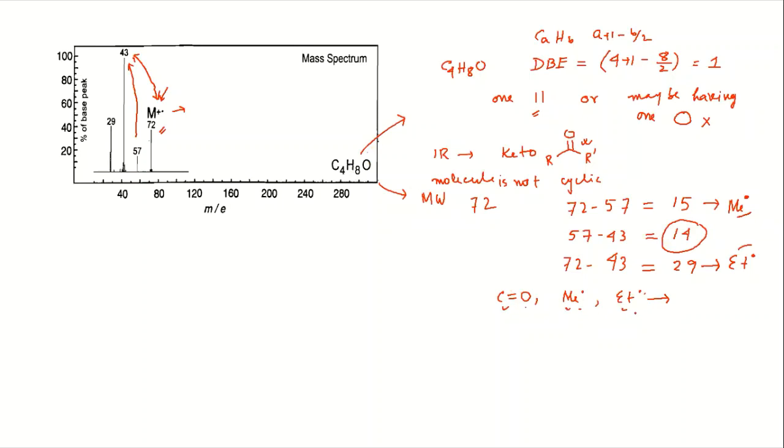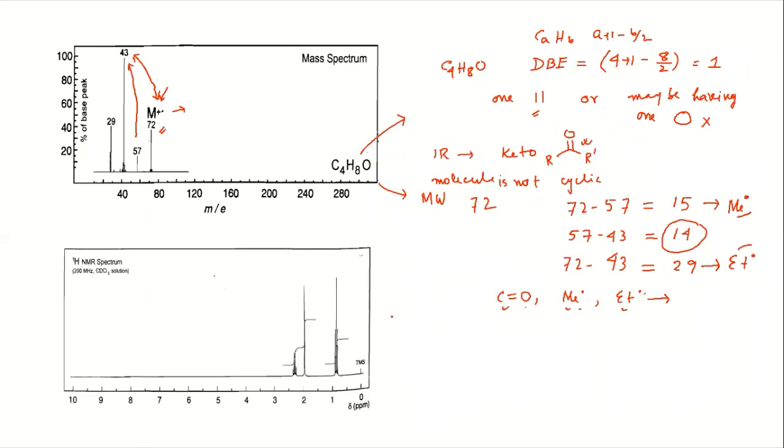Now, just to confirm the structure with further analysis, you have the proton NMR. If you look at the proton NMR, you have a triplet, a singlet, and a quartet, right?